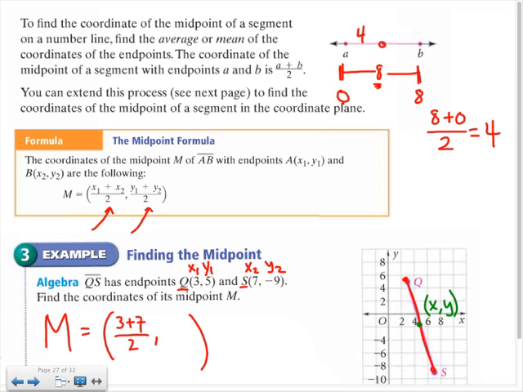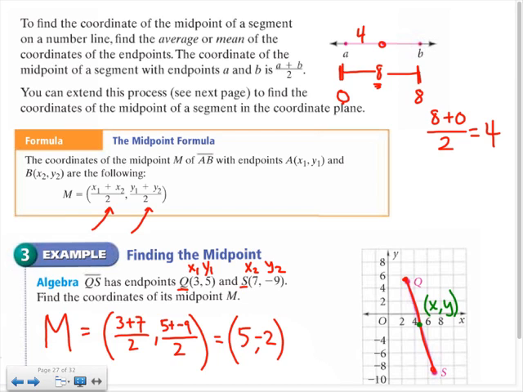And the average of the y's, 5 and negative 9, is equal to the sum of those two numbers, again divided by 2. And so when we simplify this, I find that the midpoint lies at 5, excuse me, 5, negative 2.